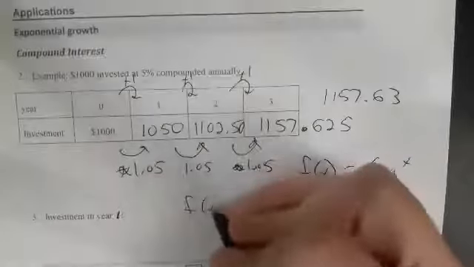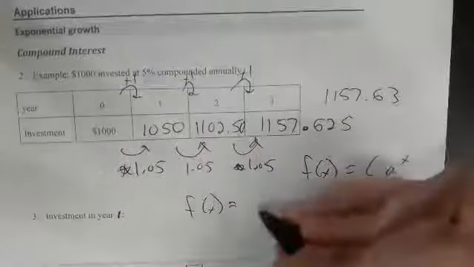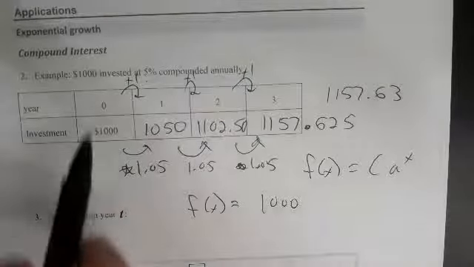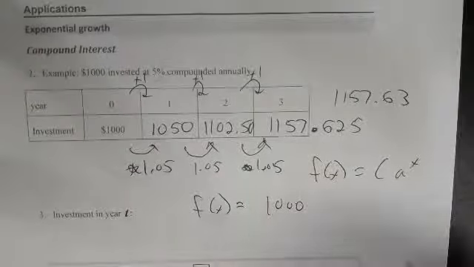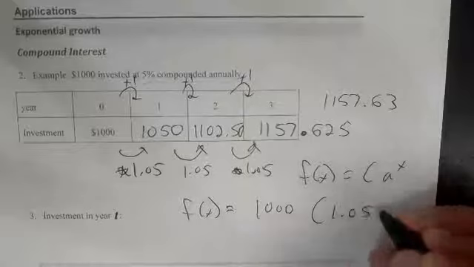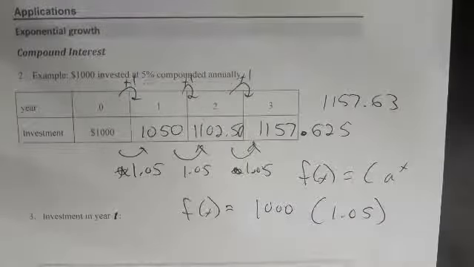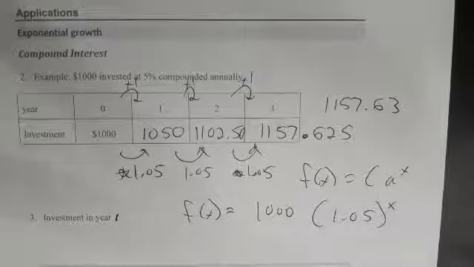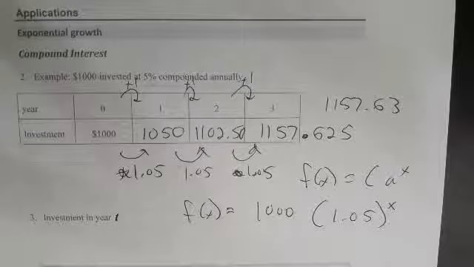That is $1,000, or the principal that I started out with. The a is the amount that is changing, 1.05. And this is to the x. What is the investment in T years?